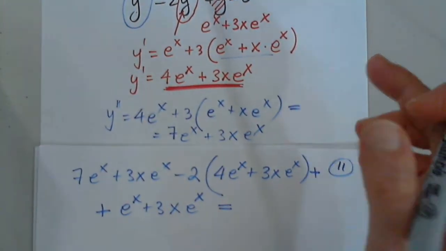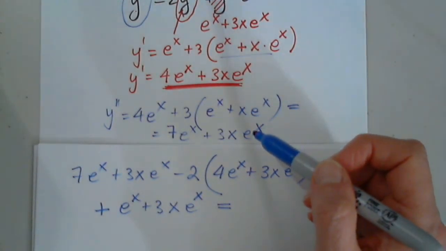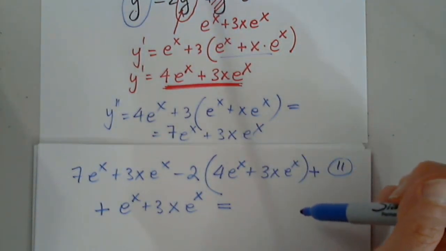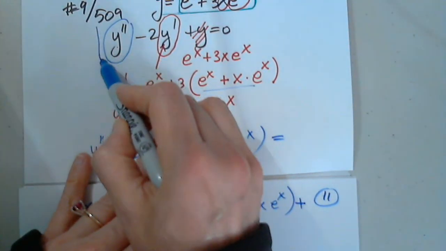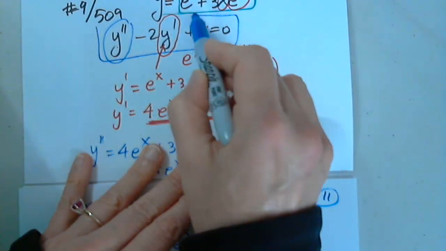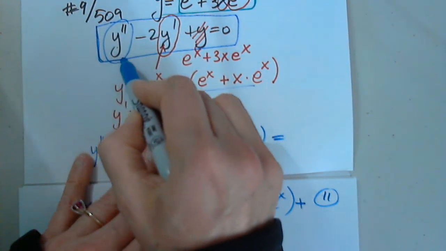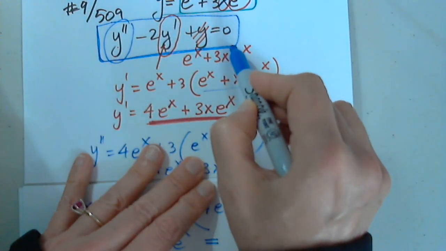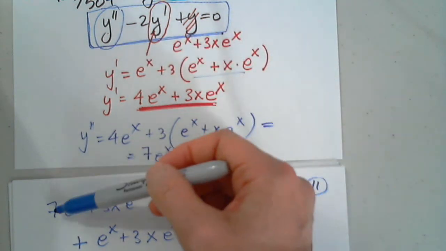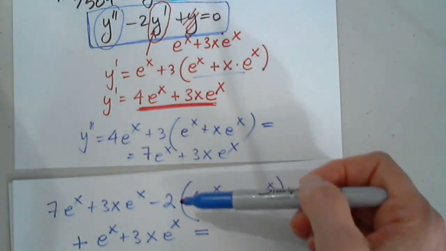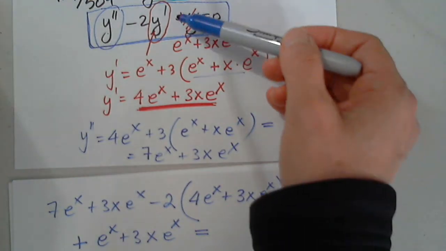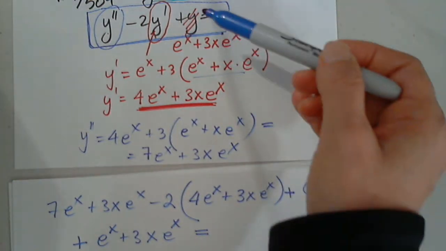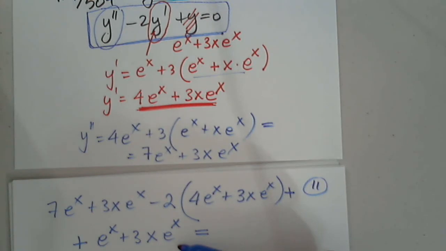What you wrote as y double prime minus 2y prime plus y equals 0, is that a general equation, or is that specific to this problem? It's specific to the differential equation given to us. The second derivative minus 2 times the first derivative plus the original function.